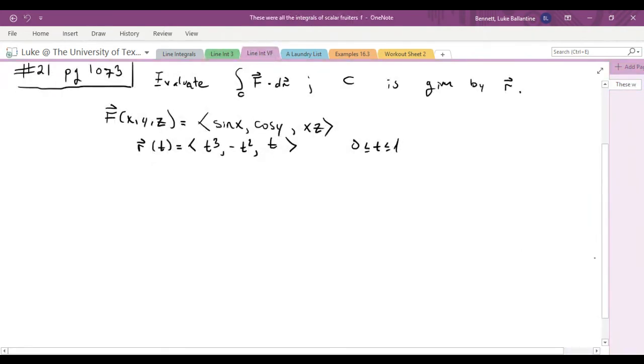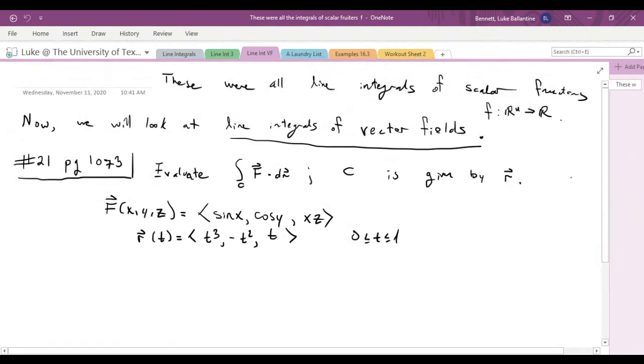Now we have line integrals of vector functions. So those were all line integrals of scalar functions mapping R^n to R. Now we will look at line integrals of vector fields.